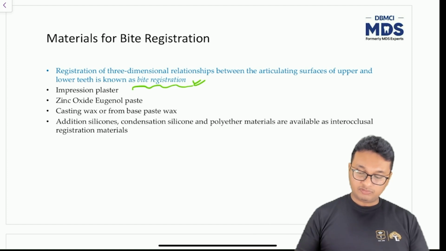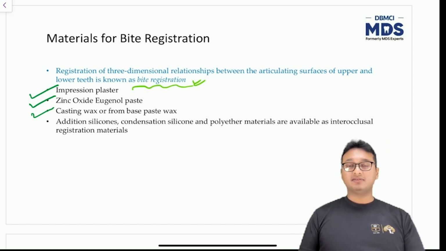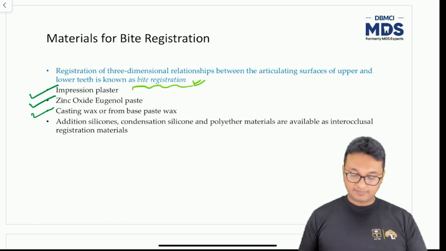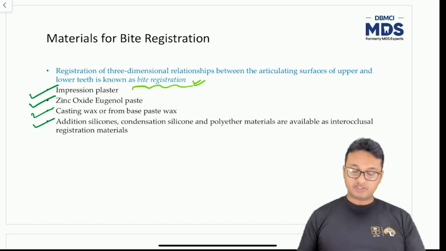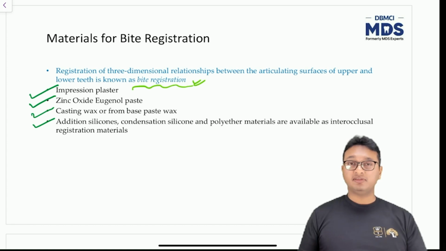Now we can make use of impression plaster, zinc oxide eugenol paste, casting wax, or base plate wax, and we can also use addition silicone, condensation silicone, even polyether materials, which are available as interocclusal registration materials.